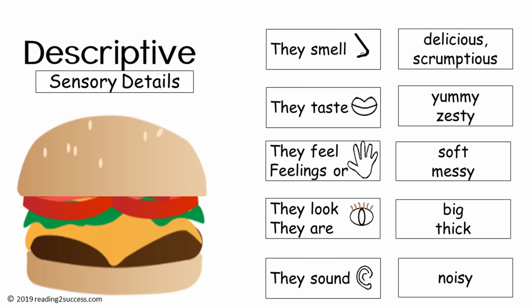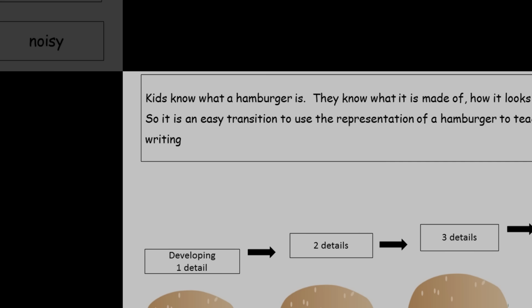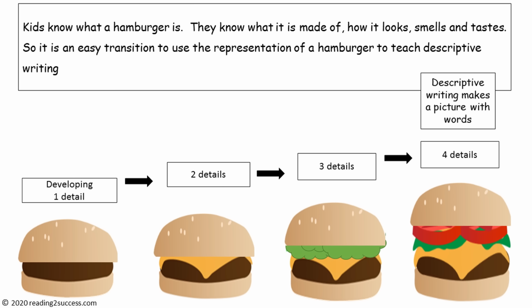And now have kids use the brainstorming list to complete the next activities. Now these next activities will take several days, and we're going to have kids build their hamburger one detail at a time.